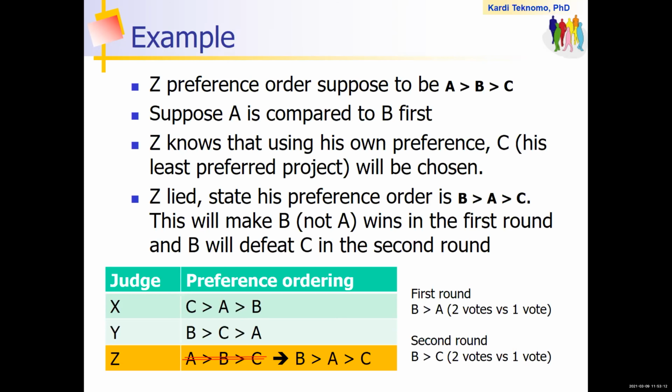Now Z knows, look at the table below here, that if he uses his own preference, C will be chosen. Of course, he wants A to win, right? In this case, Z will lie about his order of preference. He will say, no, actually B is larger than A, larger than C.